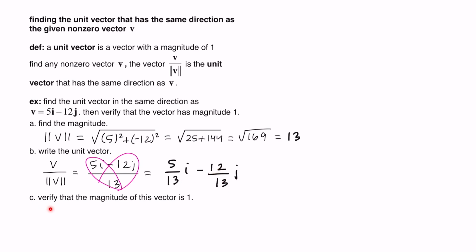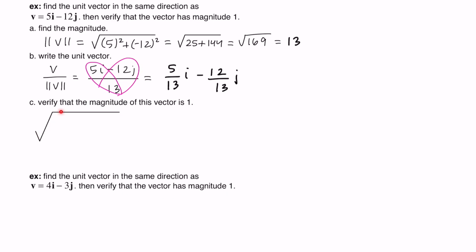Part C says verify that this vector has a magnitude of 1. So I have a big square root, and we're going to take this value for a, square it, and then add it to this value for b squared. Okay, let's go ahead and simplify this. So 5 over 13 squared is going to be 5 squared divided by 13 squared.